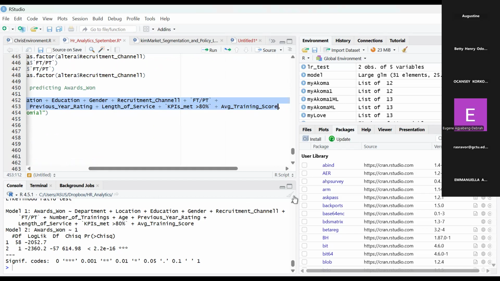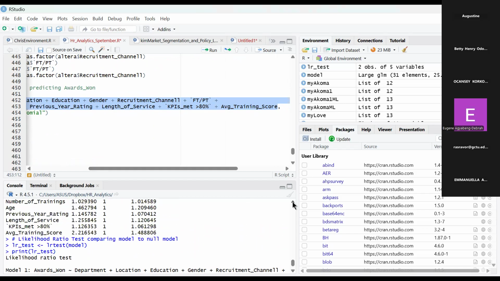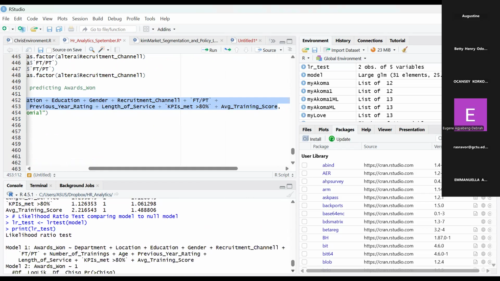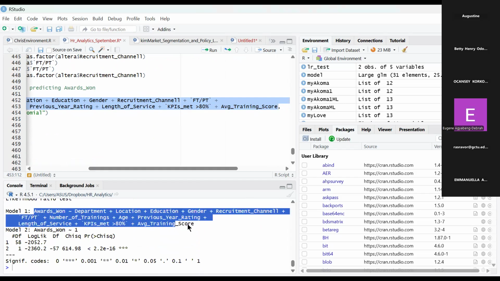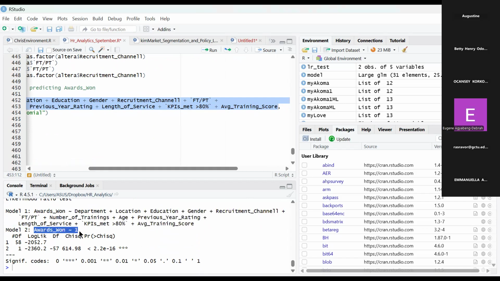Then you have, if you look at the test, let me come here. This is model 1, and it's a full model. Then you have model 2, which is a reduced form of the model. So if I compare model 1 and model 2, model 1 is generally the full model.